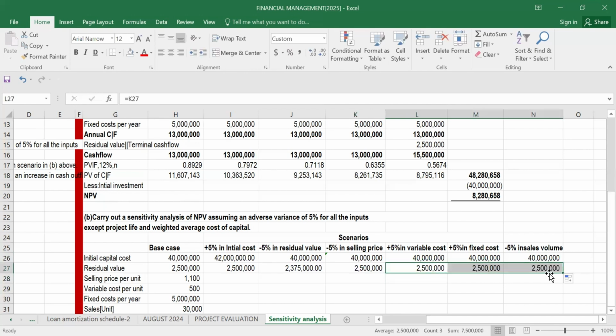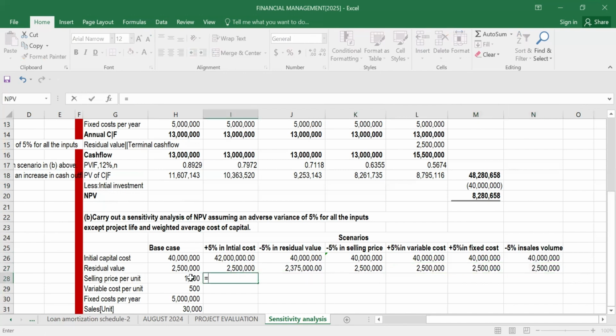Then we consider the other variable, that is the 5% decrease in selling price. Here the selling price remains the same, but now here we are saying it will reduce with 5%. So here it will be 0.95 of what we have here.